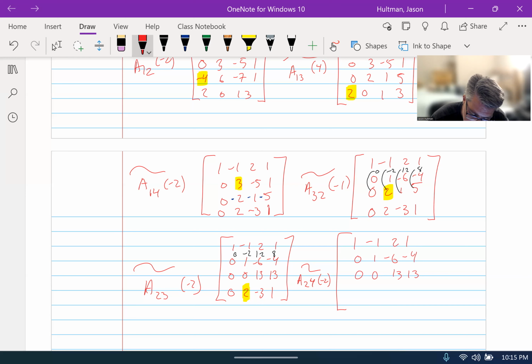And then the resultant row of 0, 0, -2 and 2 will cancel to become 0. 12 and -3, that's a 9. Okay, so that's a 9. And 8 and 1, that's another 9. Okay, that's kind of cool.